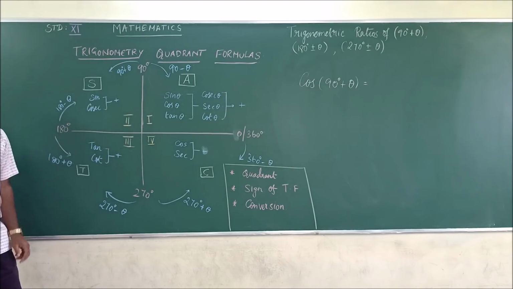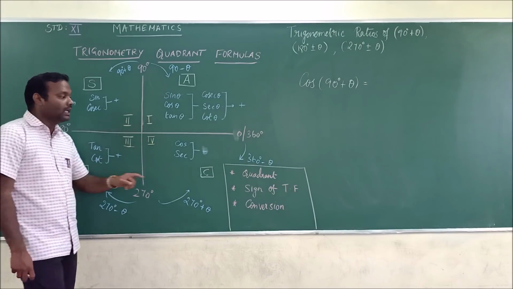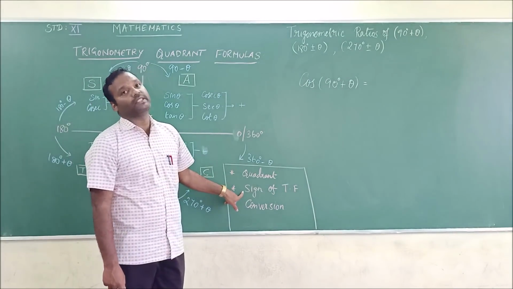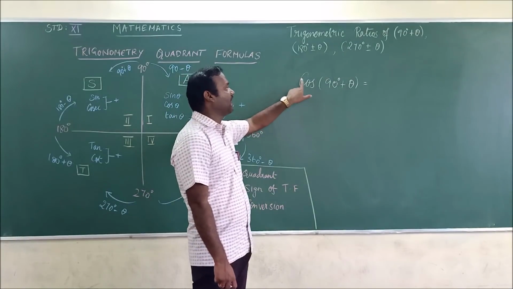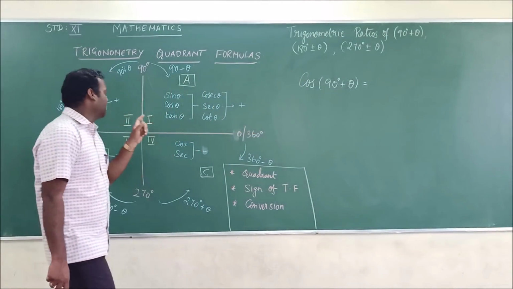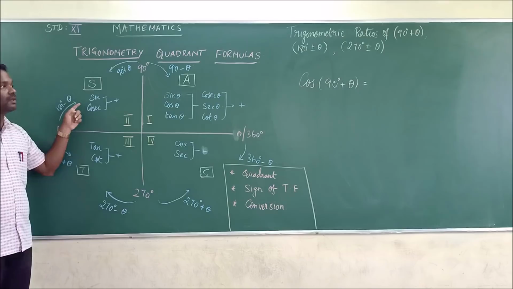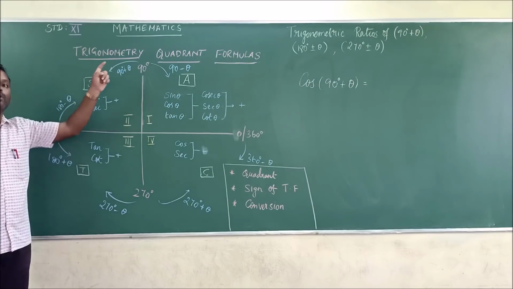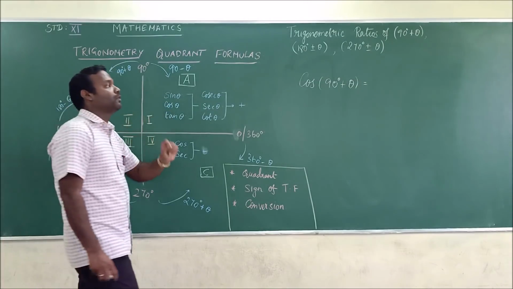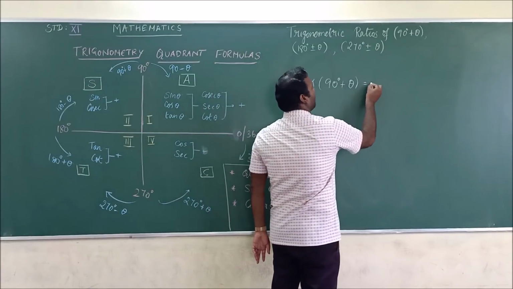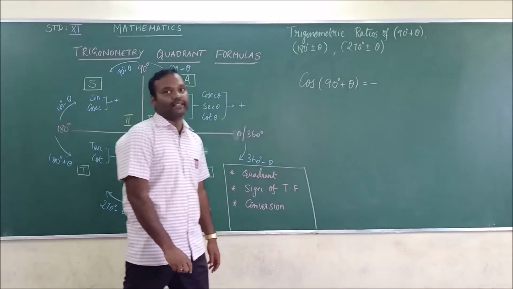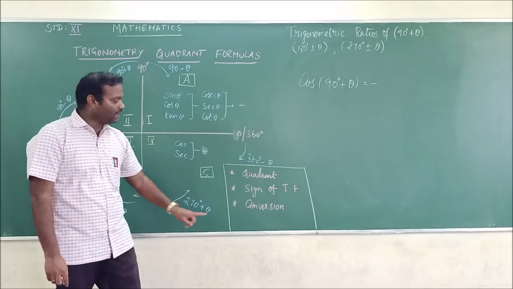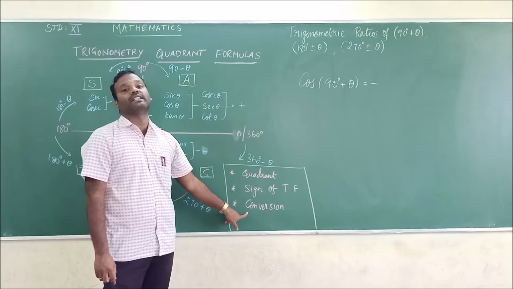After identifying the quadrant, what you have to do? You have to check the sign of the trigonometric function. Here I am having cos, but in the second quadrant, sine and cosecant alone are positive. So cos is negative, so you just put the sign minus. The third thing you have to remember is conversion.